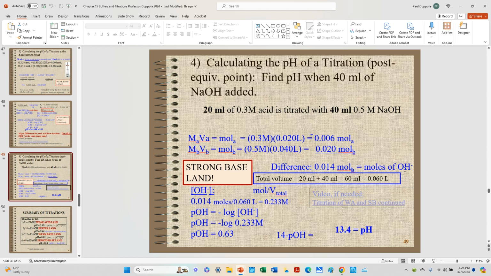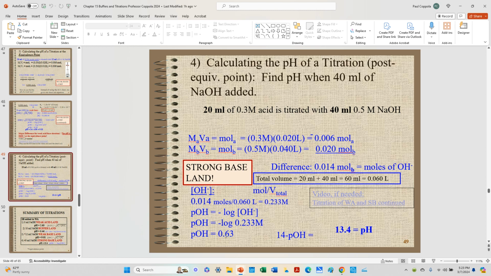But the volume is now 20 plus 40, which is 60 milliliters, and we have to convert that to liters. So we take 0.0014 divided by the new volume, and we get the hydroxide ion concentration. And then we find the pOH of that, negative log of that concentration.